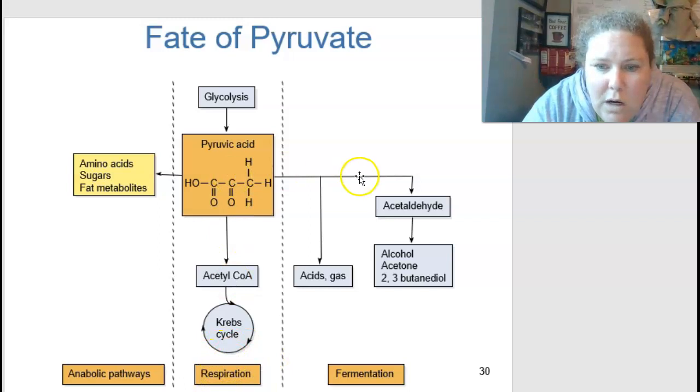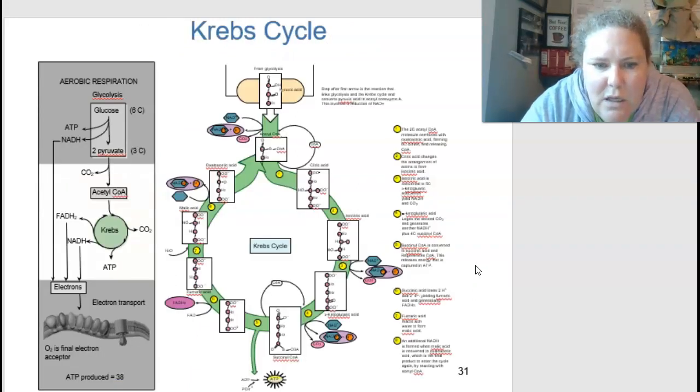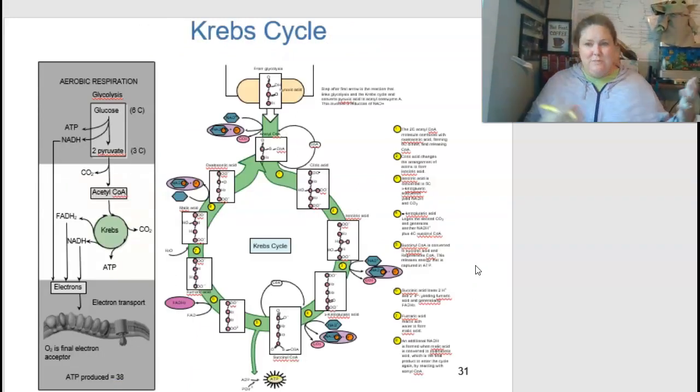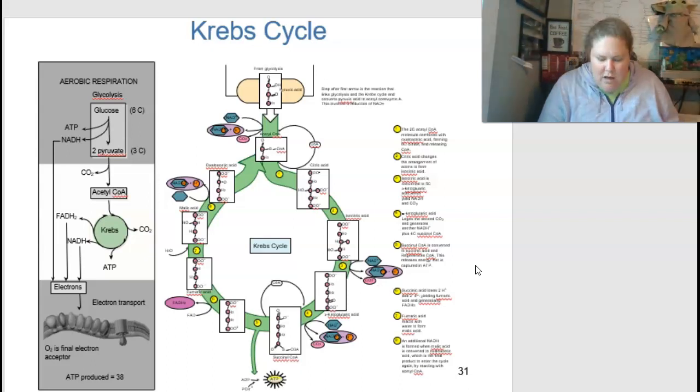Or it can undergo anaerobic fermentation and be turned into lactic acid, lactate, and gases, or an aldehyde and be converted into alcohol, acetone, or 2,3-butanediol. So it's very important. Now this is the Krebs cycle, found in figure 8.19.